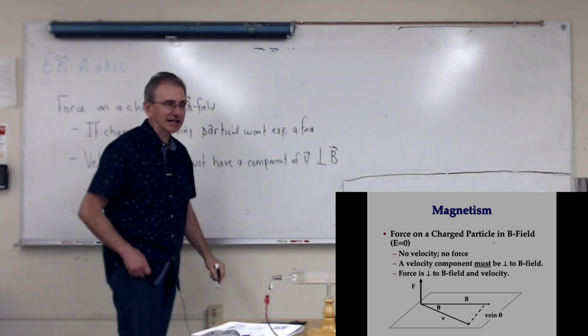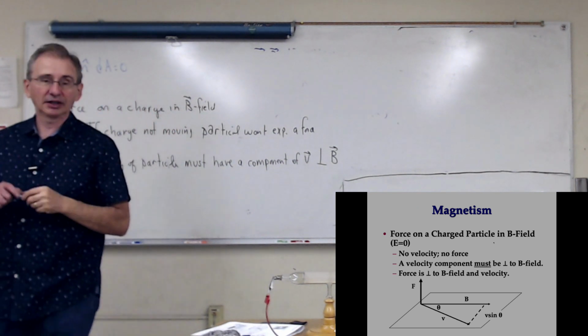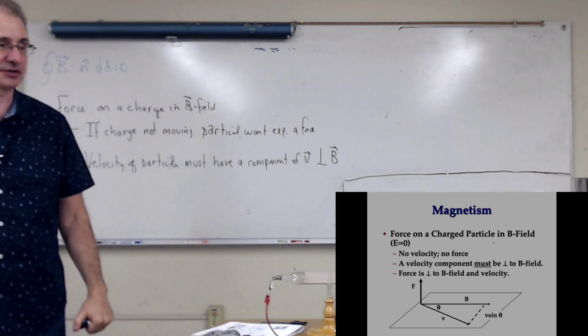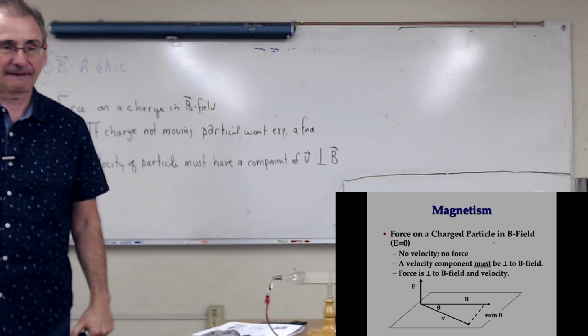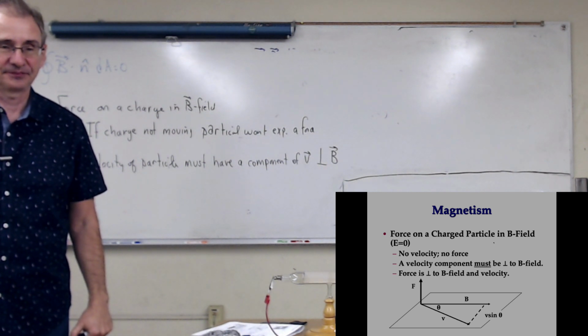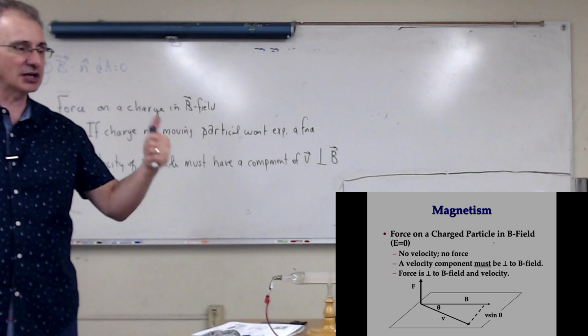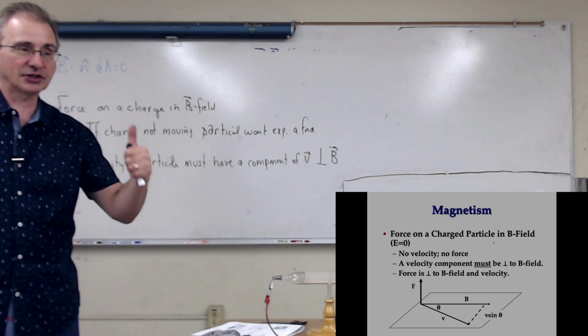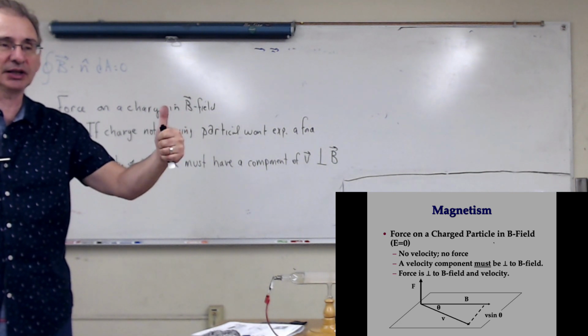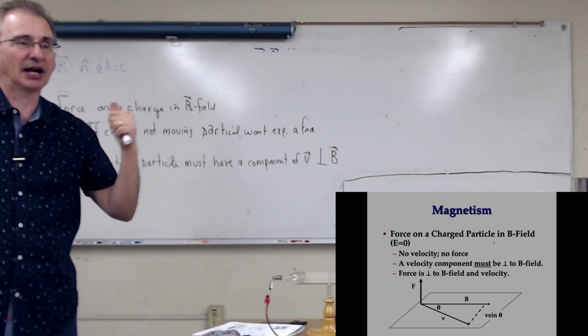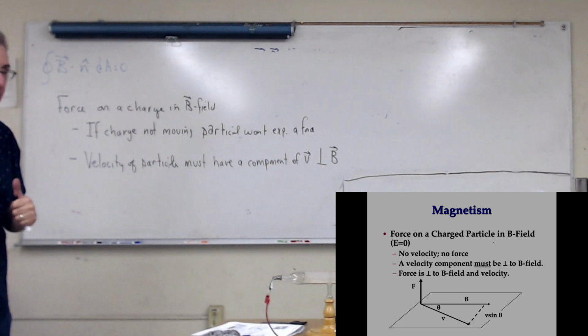If the velocity is parallel to the magnetic field, it will not experience a force. So in order for a charged particle to experience a force in the magnetic field, it must be moving and it must have a component of its velocity perpendicular to the magnetic field.